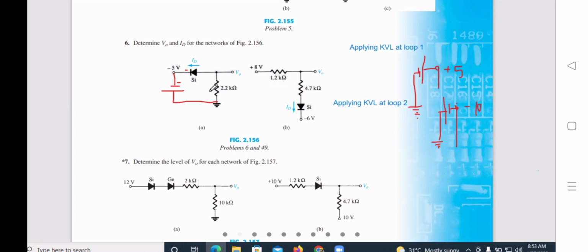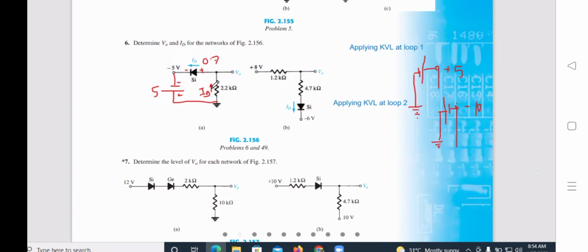So current will flow. So if we apply KVL in this loop, the same ID is flowing here also. This side plus of battery 5. This side plus of diode 0.7.